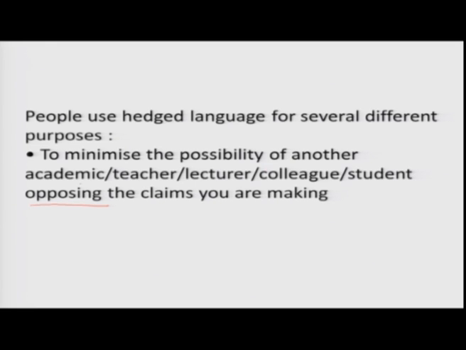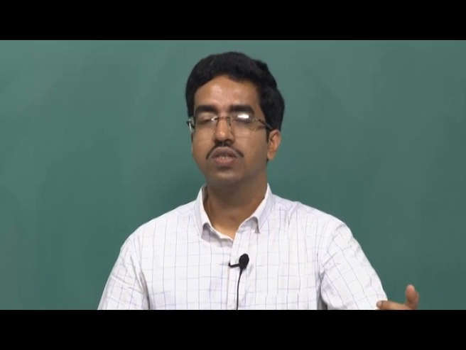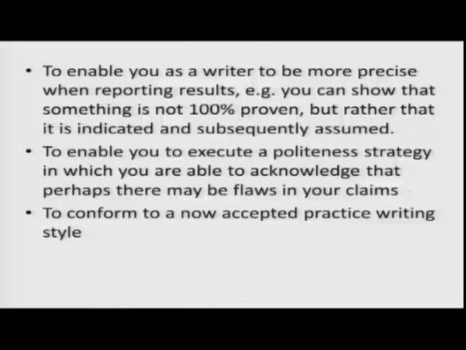It might be your teacher, your colleague, maybe a student, somebody else working in the same field. They will be able to criticize you, they will be able to point out loopholes in your argument if you make very strong claims. Second, to enable you as a writer to be more precise when reporting results.